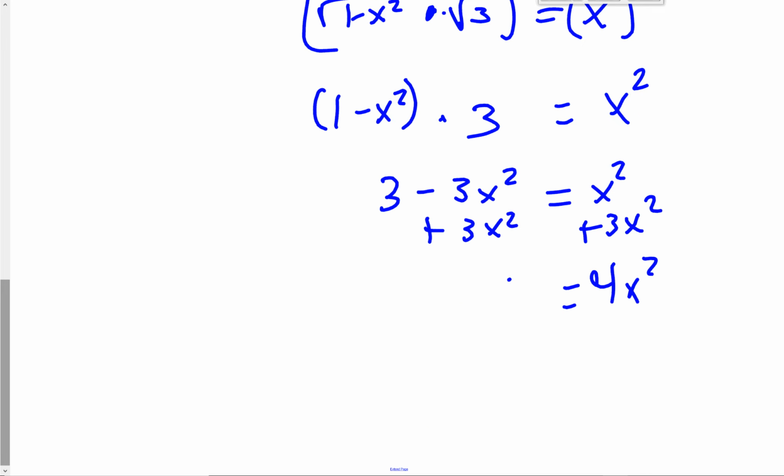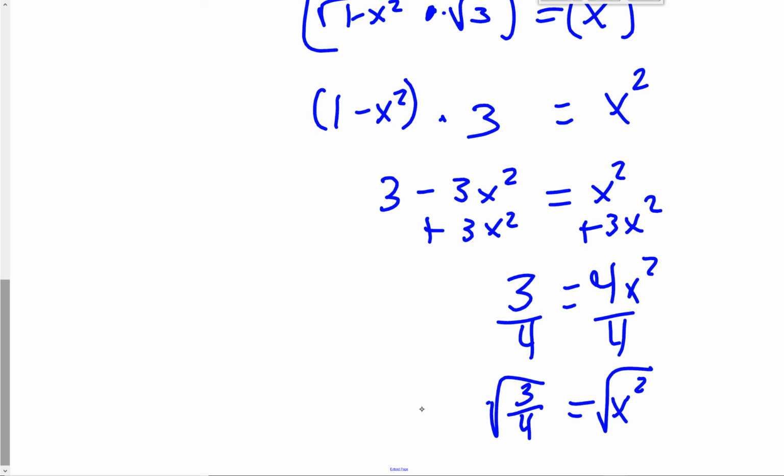So 4x squared equals 3, divide by 4, because I have no b, right? So I might as well just solve by square root. x squared equals 3 over 4, square root top and bottom, so that'd be the square root of 3 over square root of 4, which is 2, and then plus or minus.